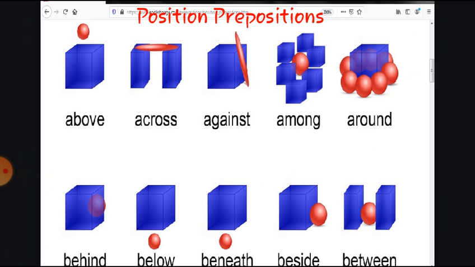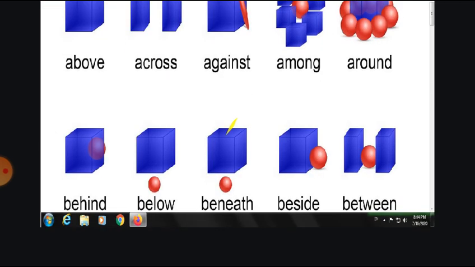So dear students, if something is surrounded with other thing, or if something is moving around other thing, then you can use around. So this is about around, dear students.